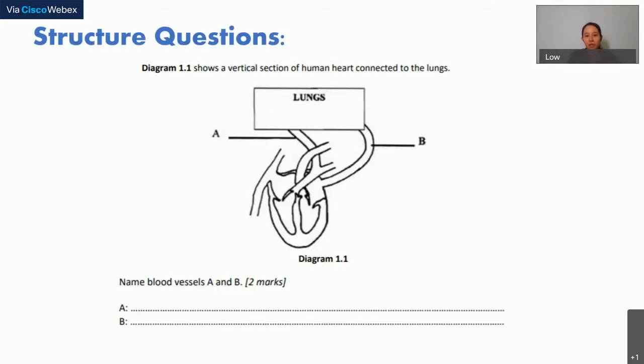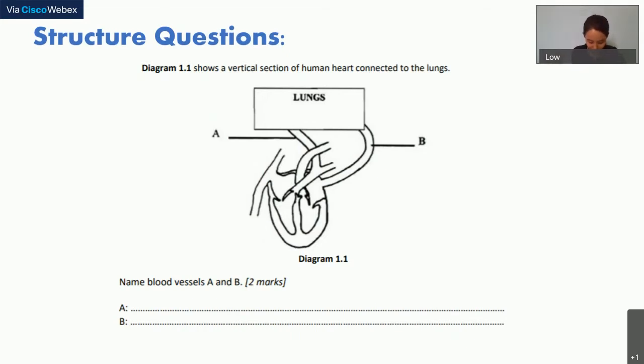Structure question. I think you're clever, so you can answer the structure question, right? What is the name of the blood vessel A and blood vessel B?